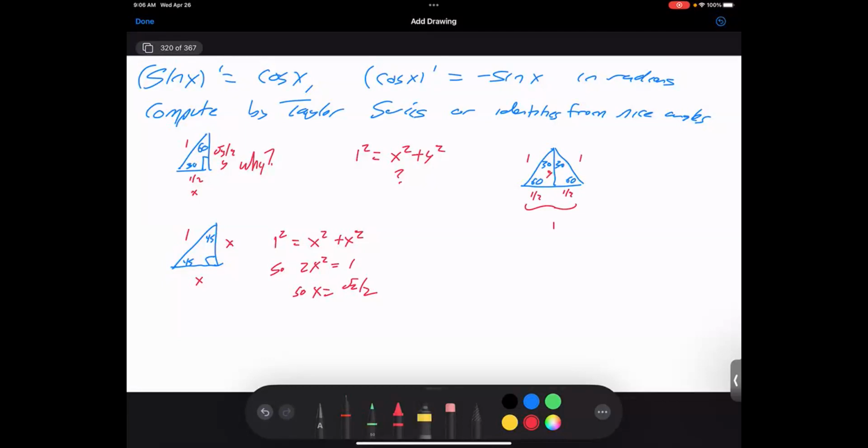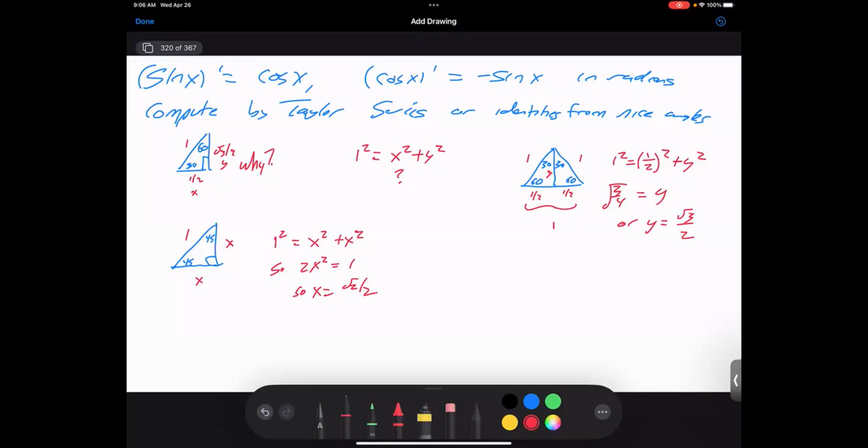And so now if I call the side y, I would get 1 squared is 1/2 squared plus y squared. So 3/4, square root, is equal to y, or y is equal to root 3 over 2. So we can figure out the 30, 60, 90 triangle because we know the equilateral. These are the only two triangles we know, where we know the angles and the sides.